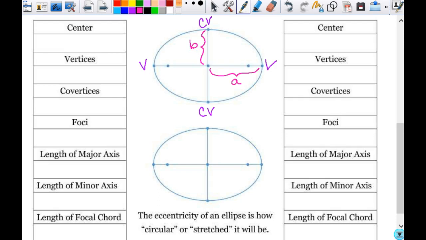Then these 2 points here, this is a focus. This is like focus 1, and this would be like focus 2, because they are different ordered pairs. The distance from the center to a focus point is your C. So A is always the biggest.